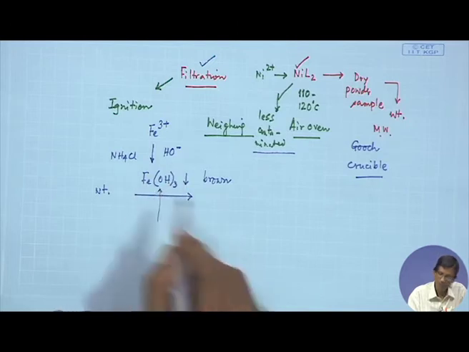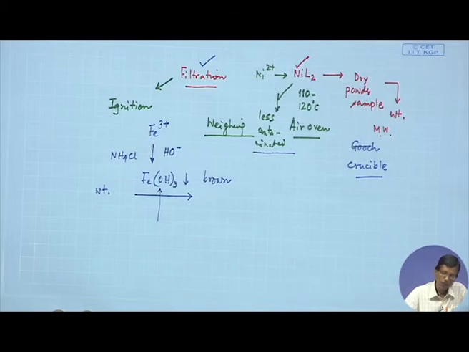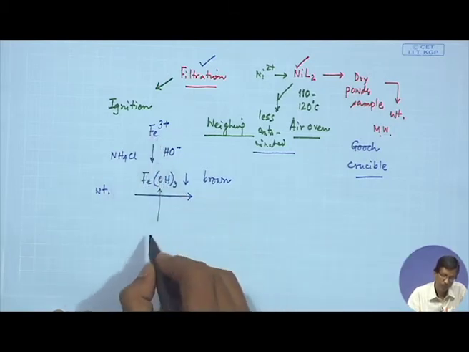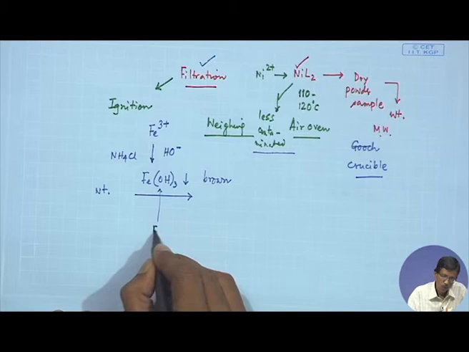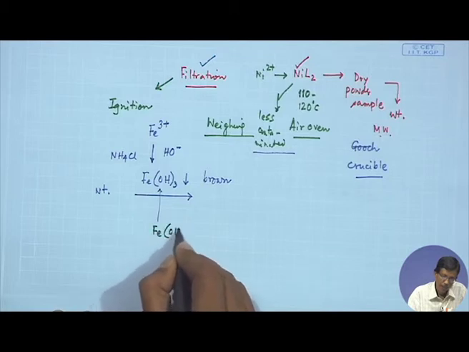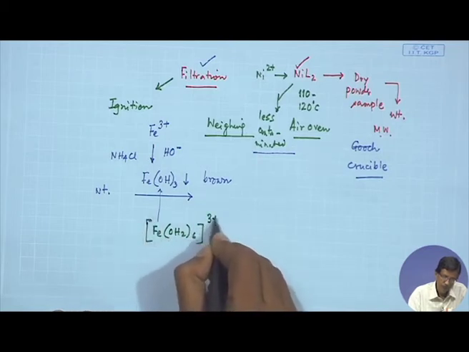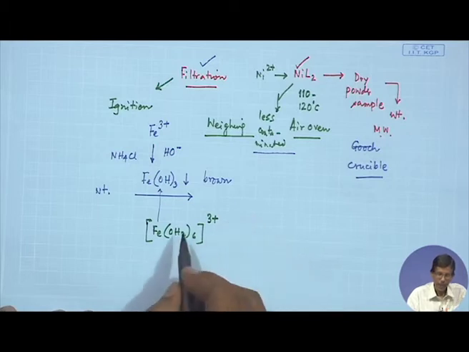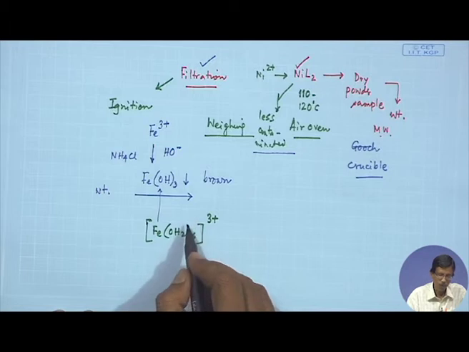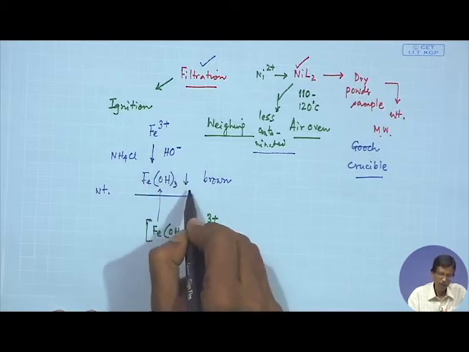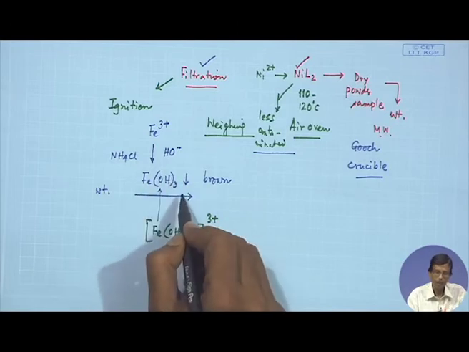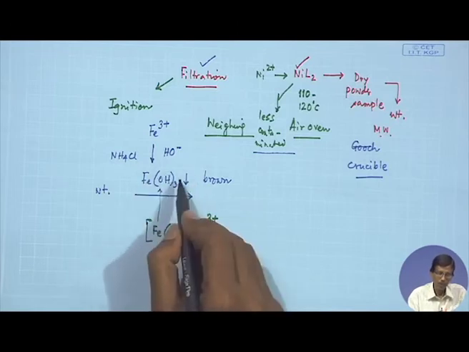But it is not so easy to get the weight of this particular form, because of what we should know here: initially, when ferric ion is present in the solution, we have the hexaaquaferric(III) ion, and slowly, one after another, water is removed from here as hydroxide ion. So, what is precipitating out is not a monomeric form, it is a polymeric and condensed form.